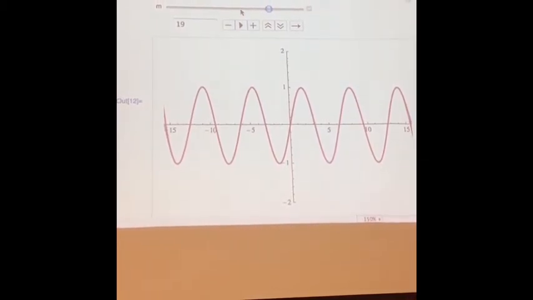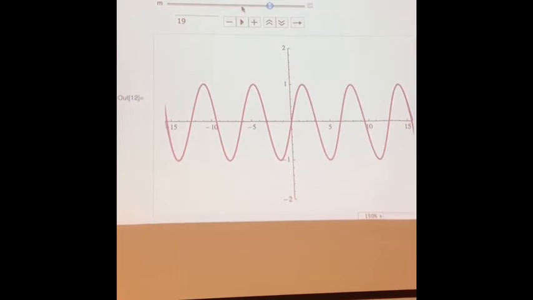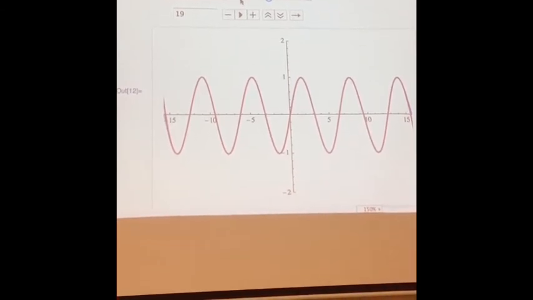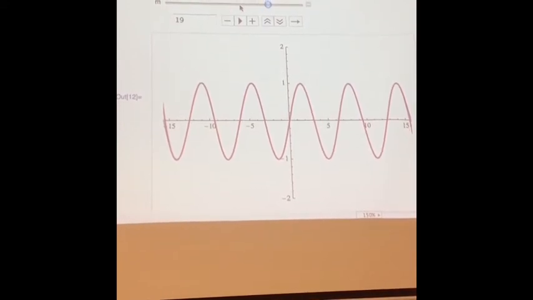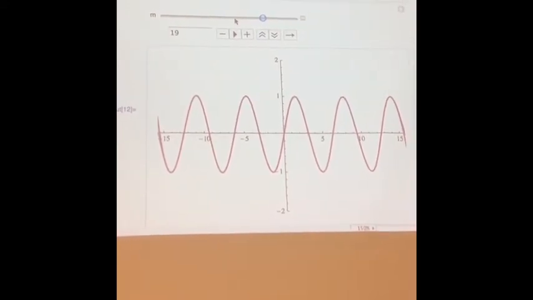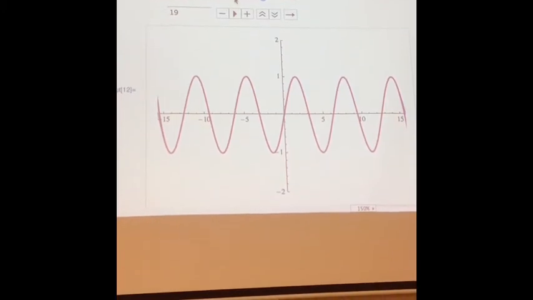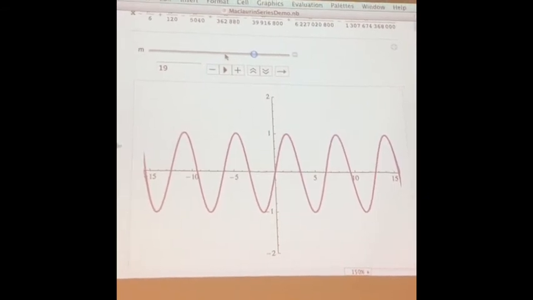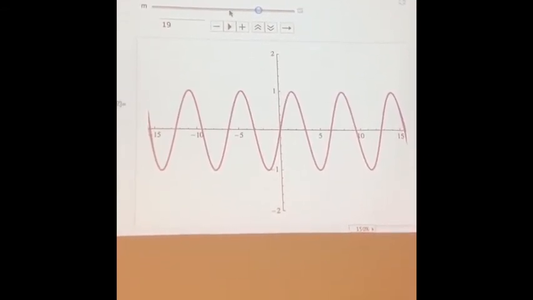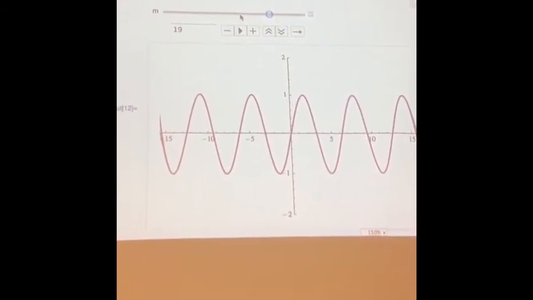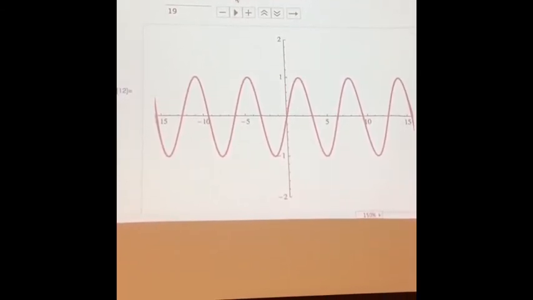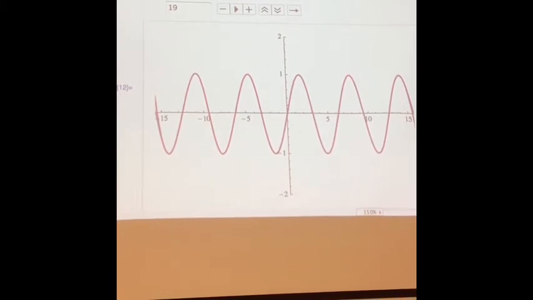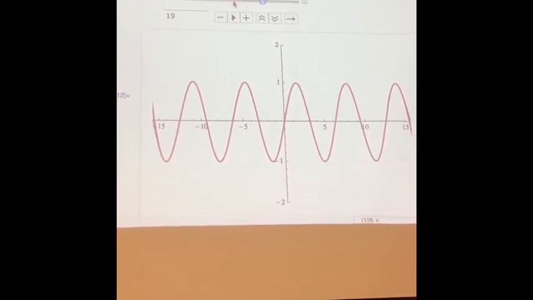We talked about with trapezoids that you could use that one formula to figure out how many subintervals you need to be within somewhat of an accuracy. Is there some sort of a formula that you can apply to a series to figure that out, if you don't happen to have Mathematica? Right, that's a really good question. The answer is yes. Where that comes in is when you have alternating series, then there's a formula that says that if you chop off at a particular value, then your error will be no worse than the value at which you've chopped off.